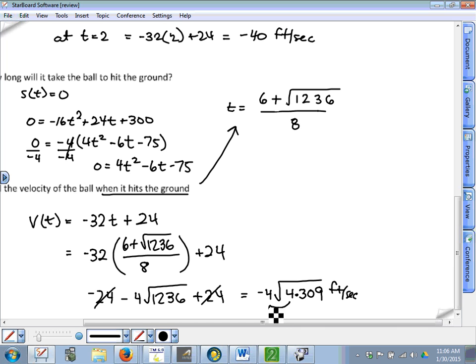So the 4 is going to move out as a 2. So we'd make negative 8 times the square root of 309 feet per second. And it should be a negative velocity because it's traveling towards the ground.